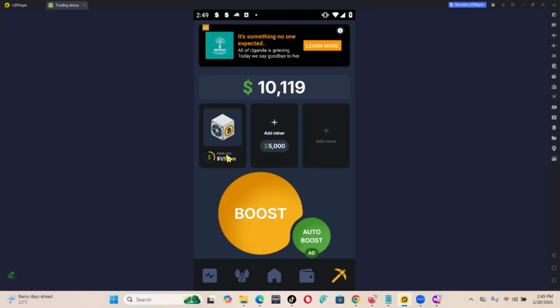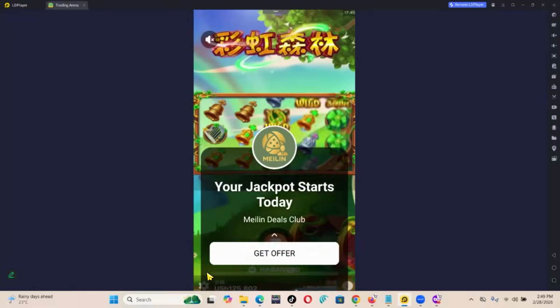So there's this thing which is loading. Every time it finishes, you get some money here. So it gives you the feel of how crypto mining is done, but it's not real stuff. So don't expect to withdraw this money. It's a training ground for you to learn how trading is done and all that stuff.